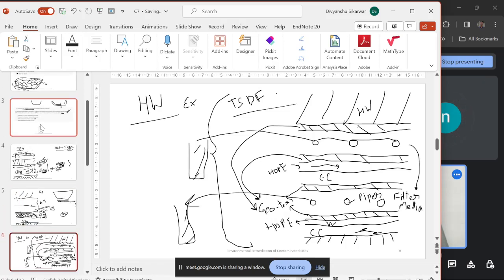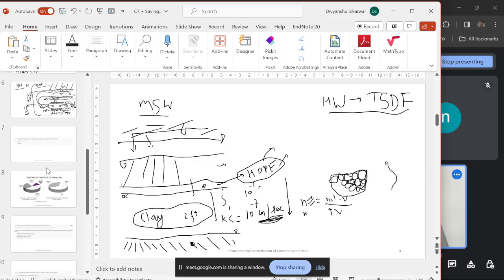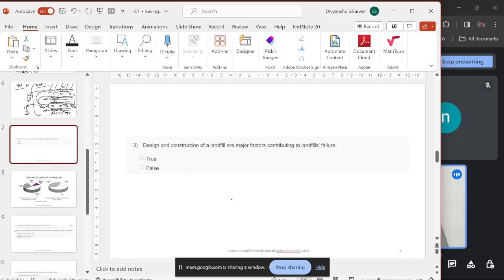Yes. So statement A is correct, but statement B is incorrect.